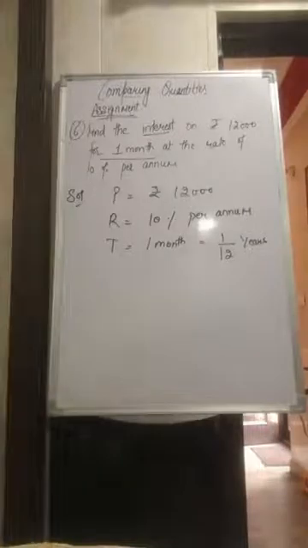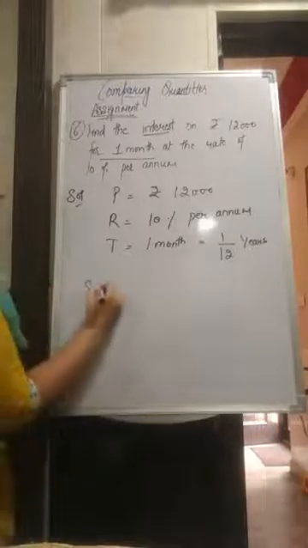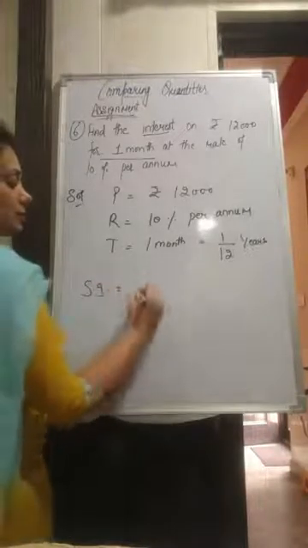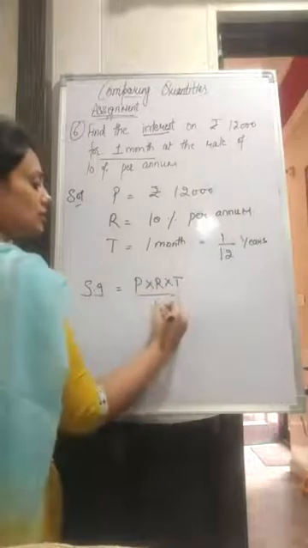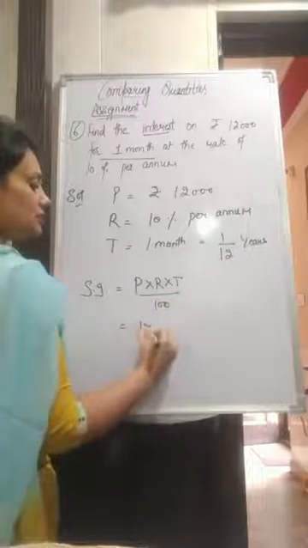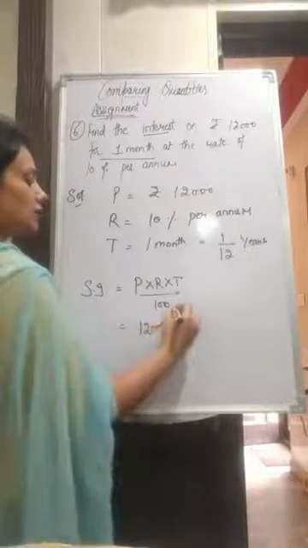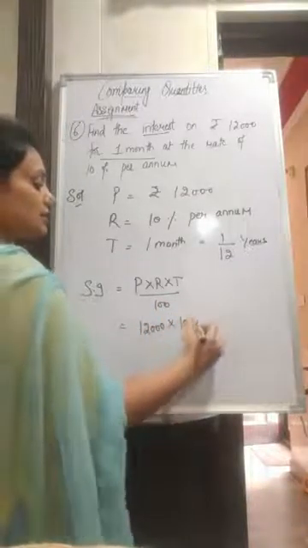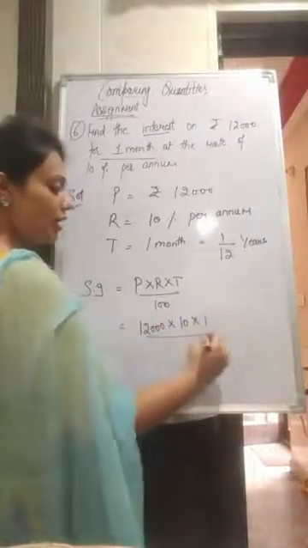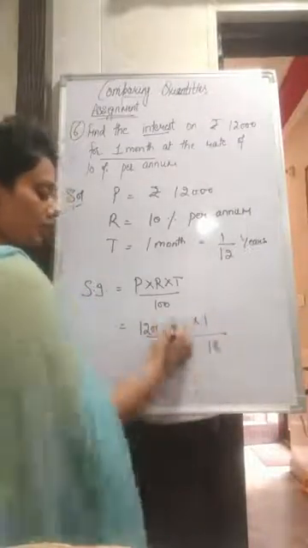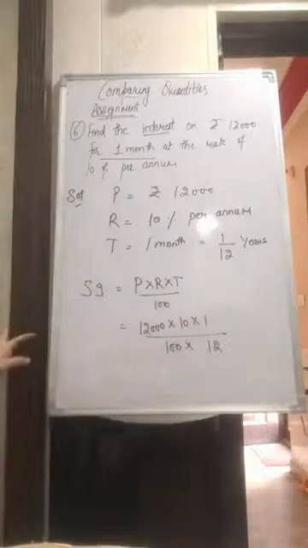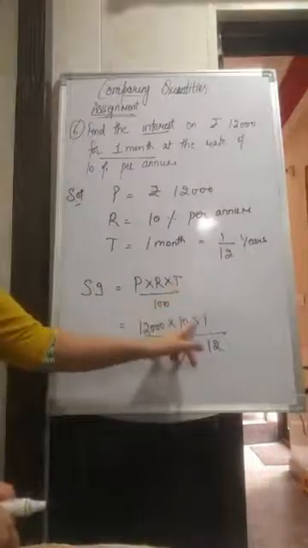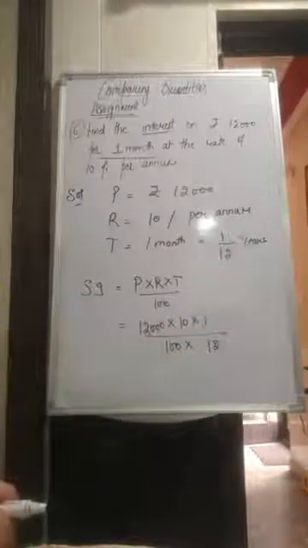Now for finding out the interest, we have the formula. Simple interest is P into R into T over 100. Principal is 12,000, rate is 10, time is 1 over 12. In the denominator we already have 100 in the formula, so when we write time as 1 by 12, it will come in the denominator only.